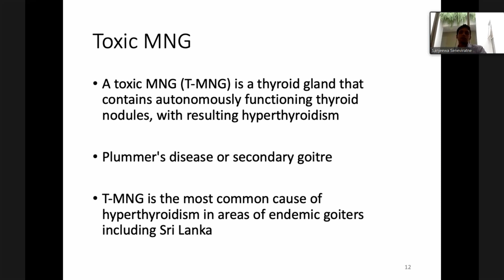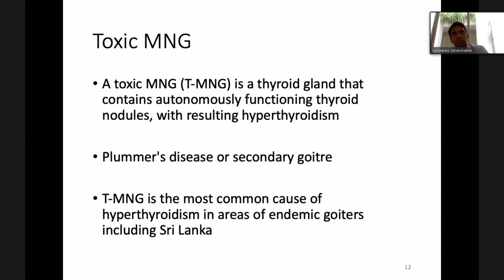On the other hand, toxic multinodular goiter is quite different. It is not an autoimmune condition like Graves' disease. Here, what happens in toxic multinodular goiter is, this is a multinodular goiter that has been there for a long time, typically a couple of decades.